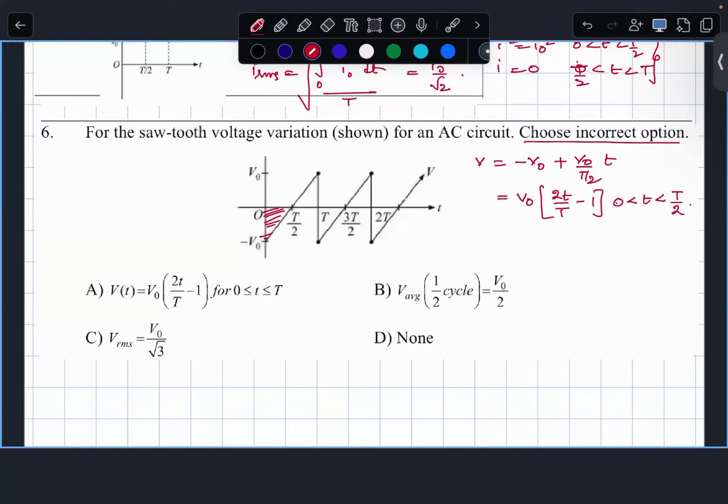And even this is the same function for T by 2 less than t less than T, correct? So therefore, it is a correct option.